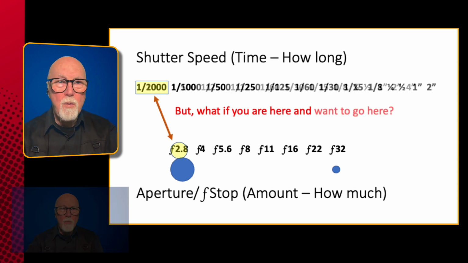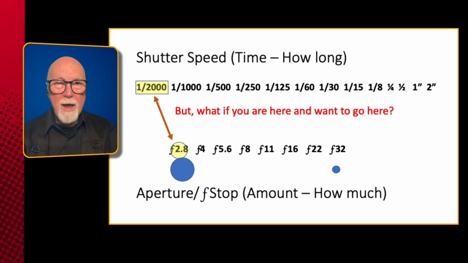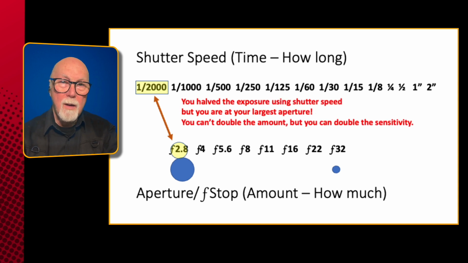But let's say you want to go to 1/2000th of a second. If you did, and you couldn't open up your aperture, now you have half the time, and consequently, your image will be underexposed. So what do? All you have to do is change the sensitivity of the camera.